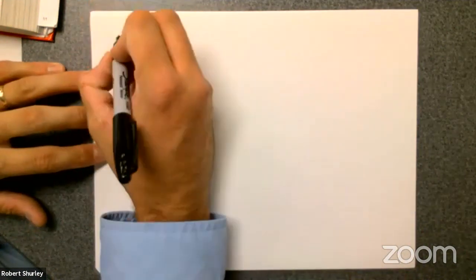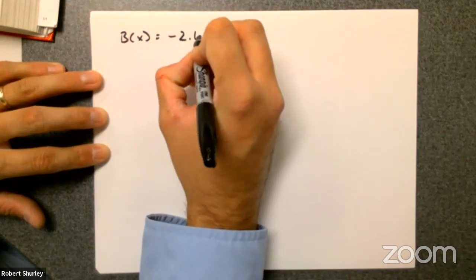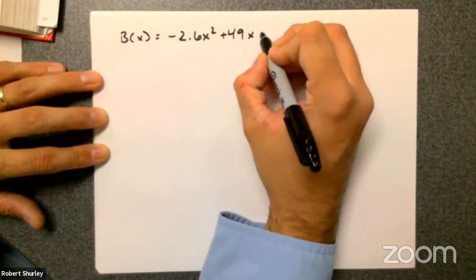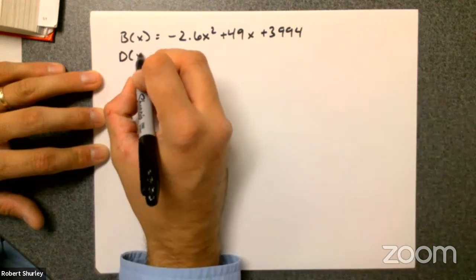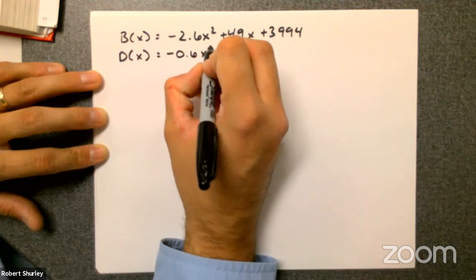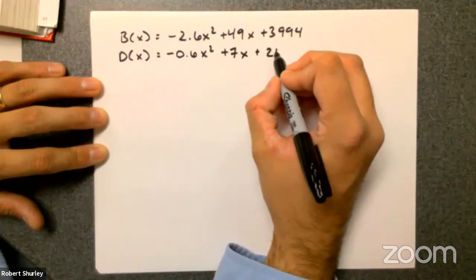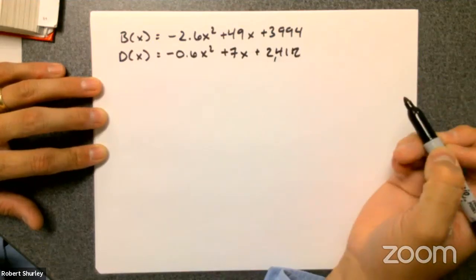So they've got a birth function, B(x) = -2.6x squared plus 49x plus 3994. And they have a death function, D(x) = -0.6x squared plus 7x plus 2412. That's 2,412, I kind of goofed up on the 2.